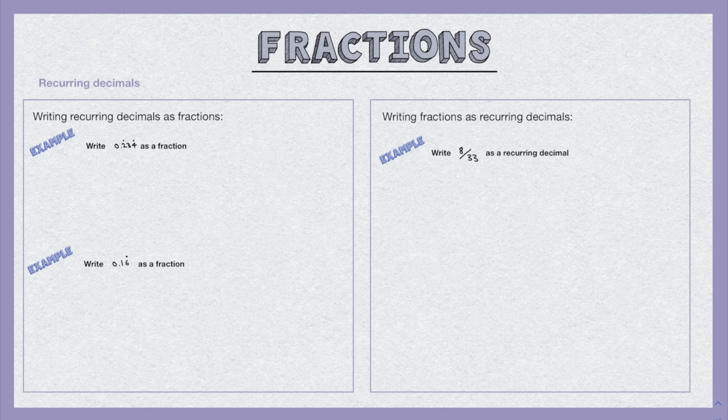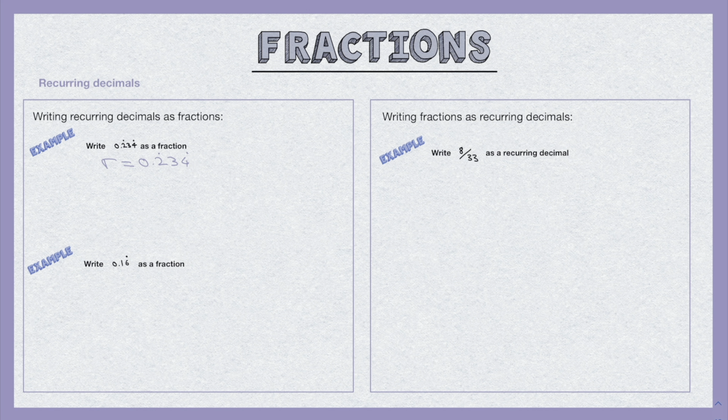So the last important topic with fractions is recurring decimals, and there are two different parts of this, which is writing recurring decimals as fractions, and then the flip of that, which is writing fractions as recurring decimals. So let's start off with the first example. What you want to do is set your recurring decimal equal to r, and then you want to multiply r by the power of 10 to move it past the decimal point by one full repeated loop.